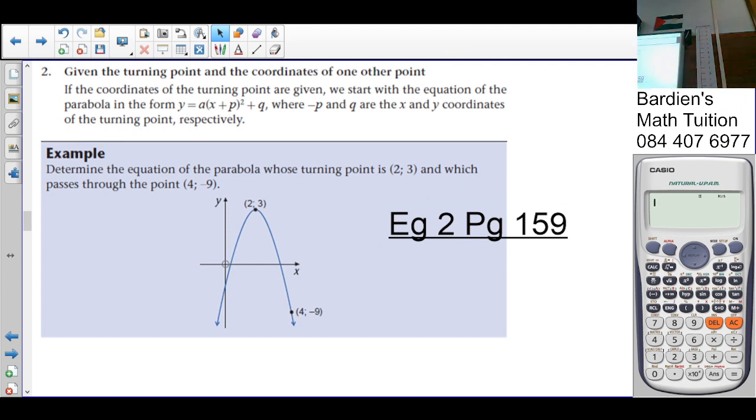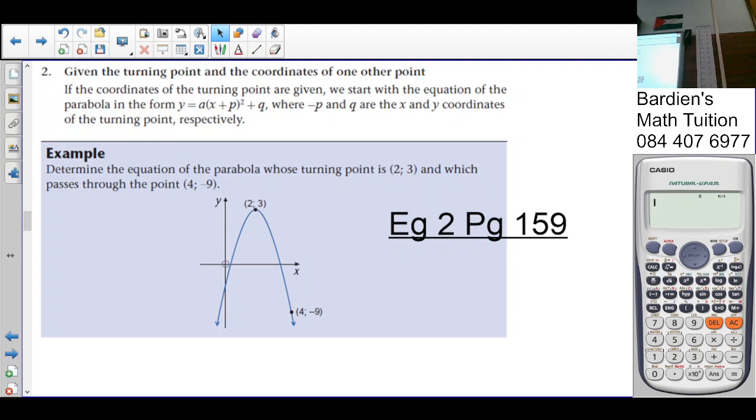Here we are given the turning point and the coordinates of one other point. If the coordinates of the turning point are given, we start with the equation of the parabola in the form y is equal to a into x plus p all squared plus q, where negative p and q are the x and y coordinates of the turning point respectively, which means to say in that order.